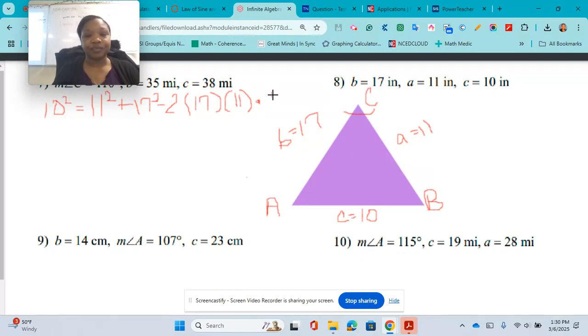We don't have a cosine of what? Cosine of C. Excellent. Cosine of C, because we are looking for big C.